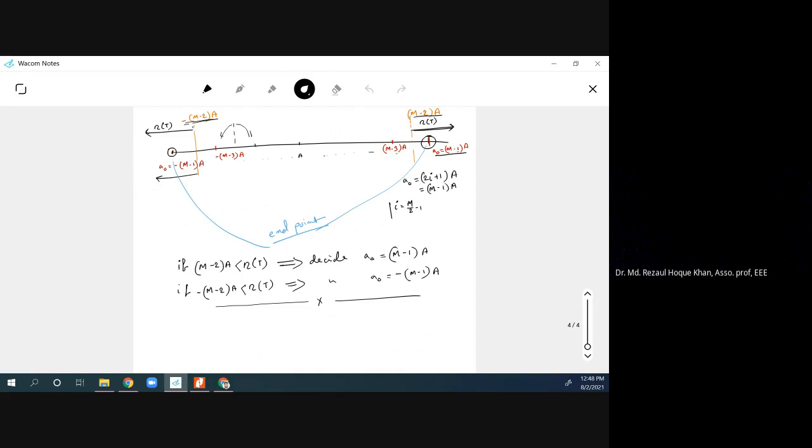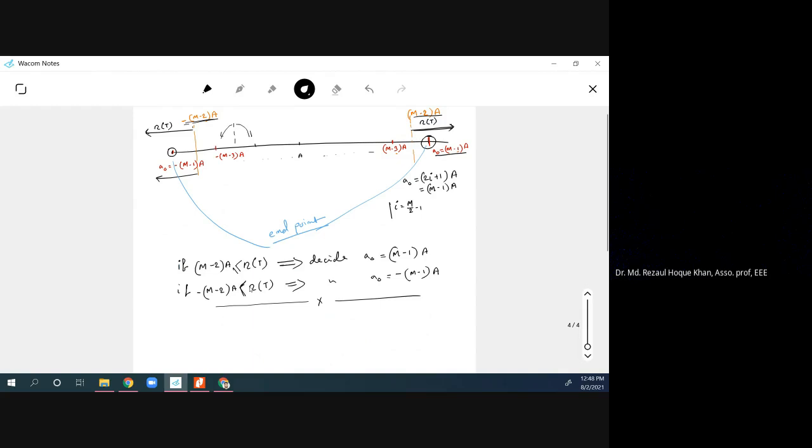So what we find for the end point: if RT is greater than or equal to m minus 2a, we decide that. And if RT is otherwise, we decide the other.